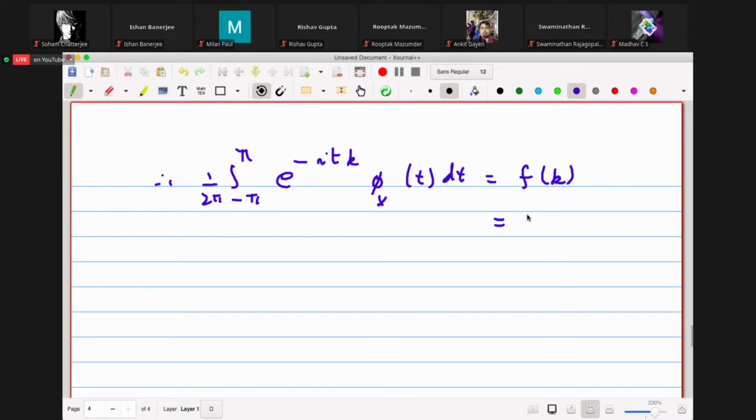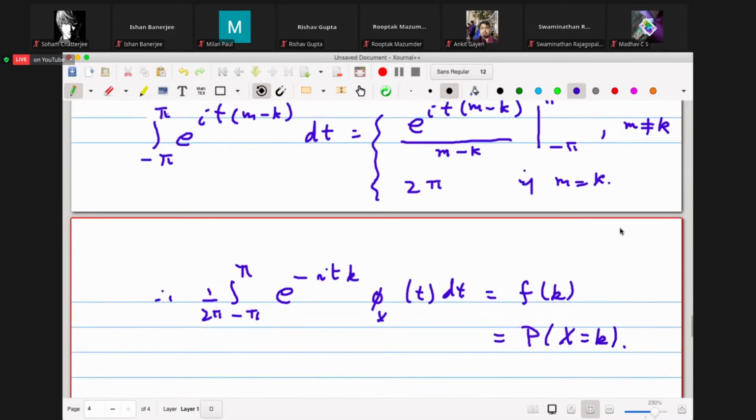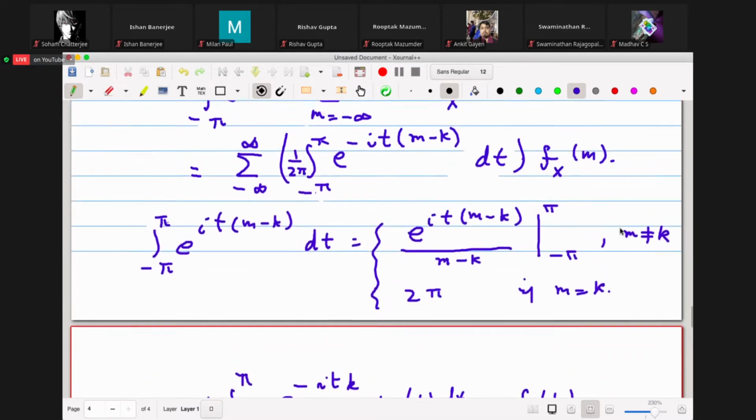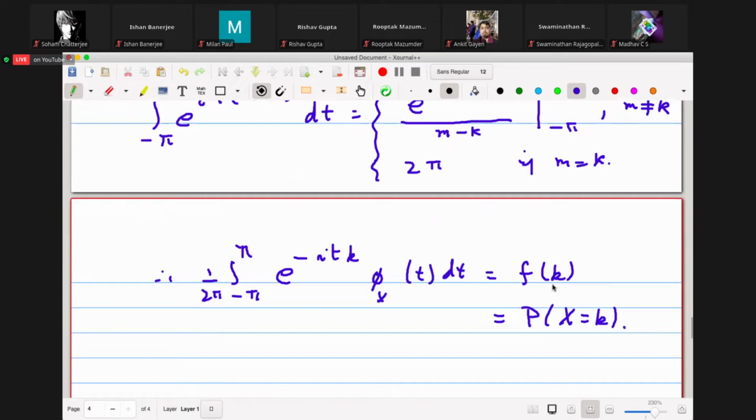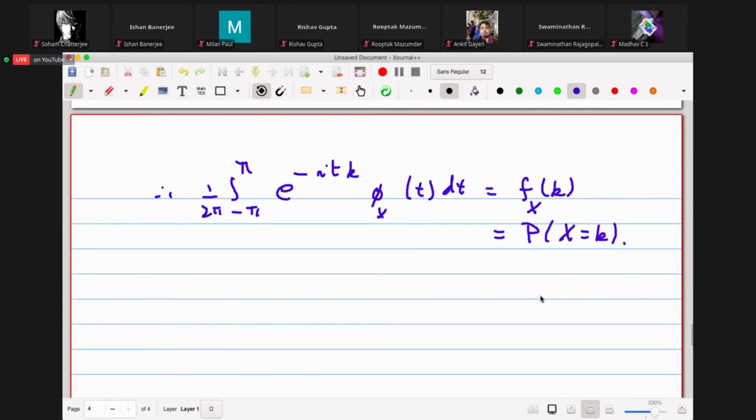And that is exactly the probability that x equals k. Right? So I just show it to you together. So mind you, you have fx of k. That's exactly the mass function. So I get this.